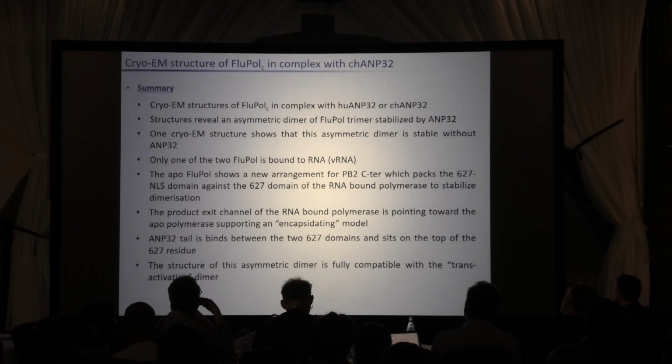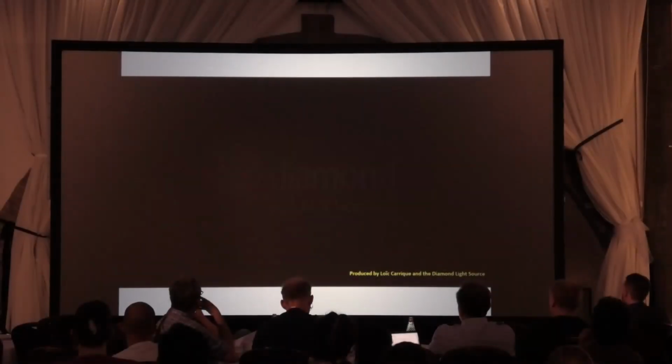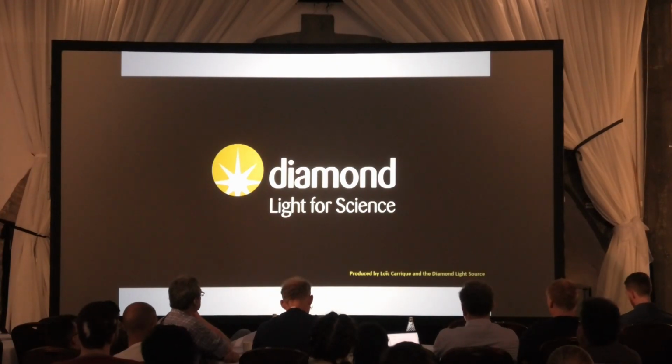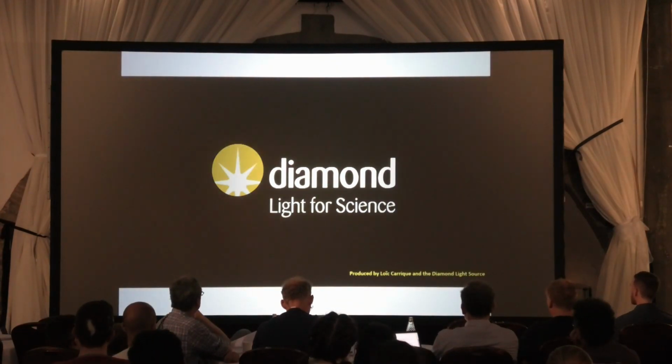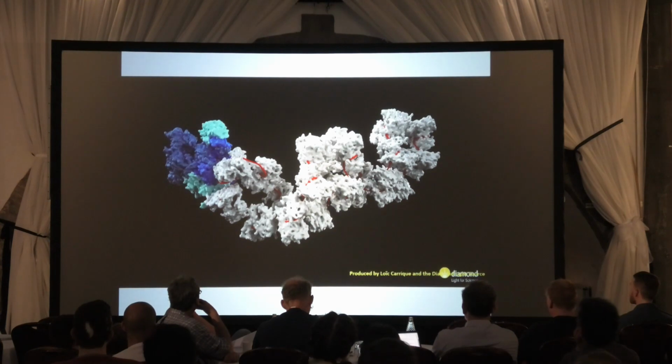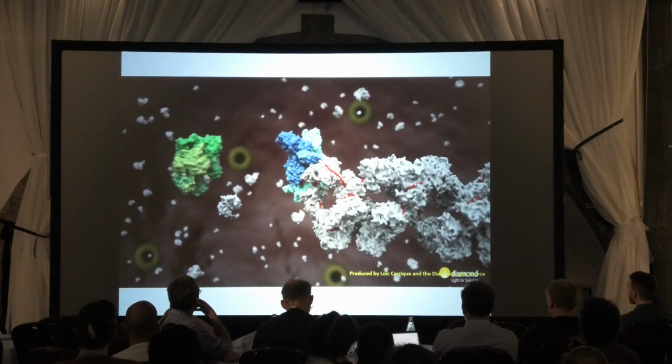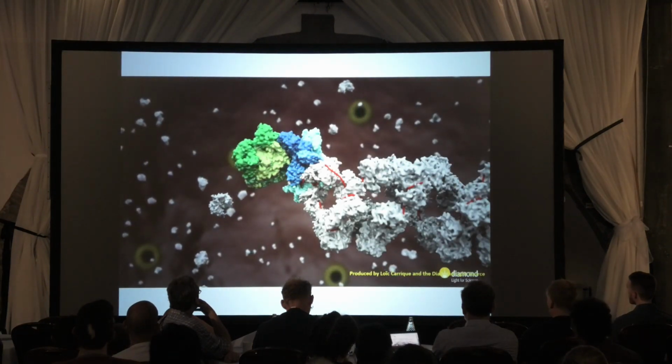So I won't go through the summary particularly, but this little movie summarizes, I think, where we've got to. So this is our model of an RMP. The viral RNA is in red. The encapsulating polymerase comes in.